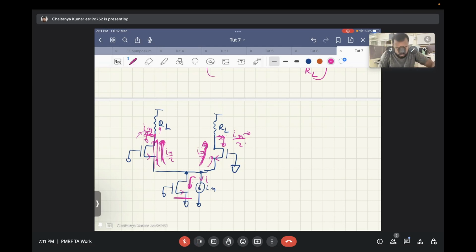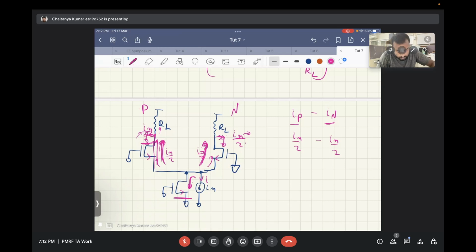Yes, sir. Okay. If this branch is, let's say, capital P, and this branch is capital N, what was the current? That was IP minus IN, right? And now, since you are only worried about the actual value of these currents and not their power, it will be IN by 2 minus IN by 2, unlike the previous case where you were adding the power.